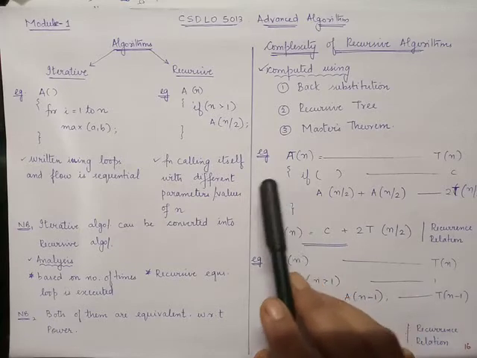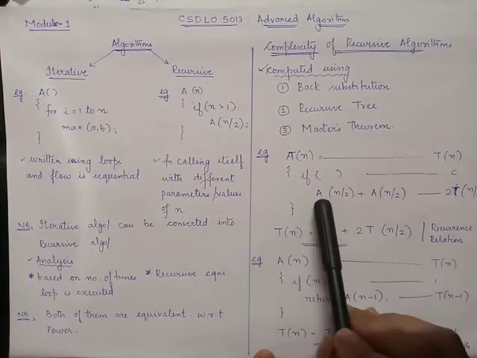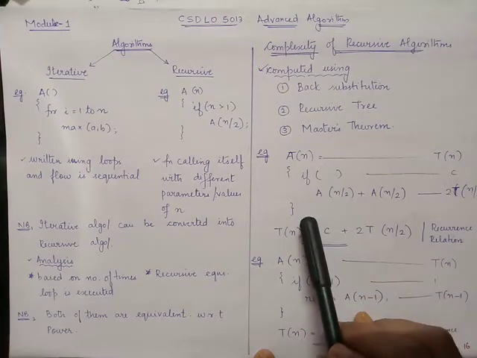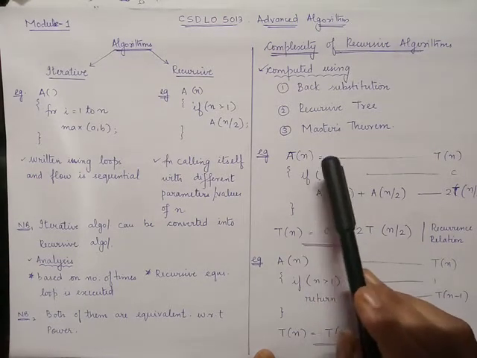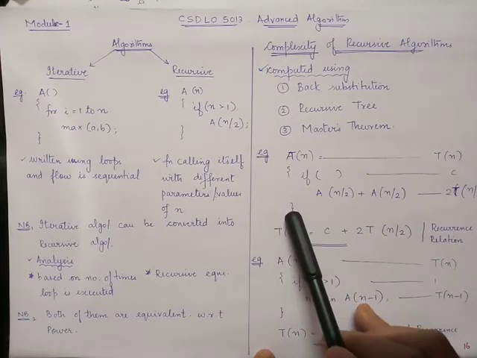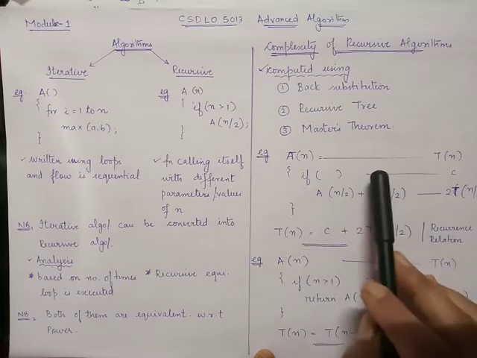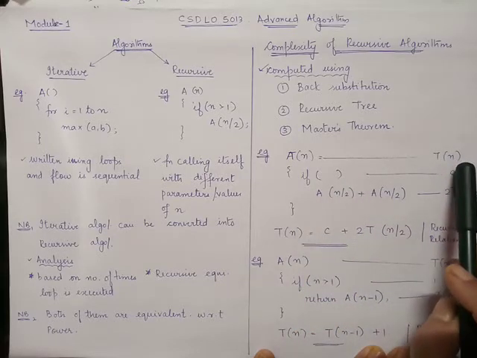So here our main objective is to first derive the recursive equation for this particular code snippet. Assuming that t of n represents the time complexity of this function, the if statement will be executed in constant time.